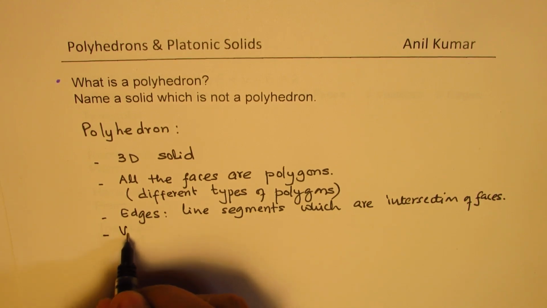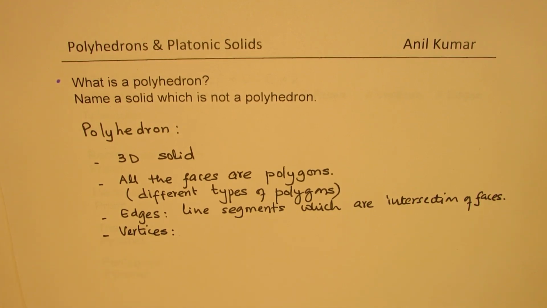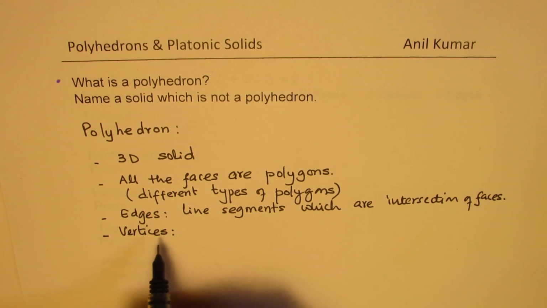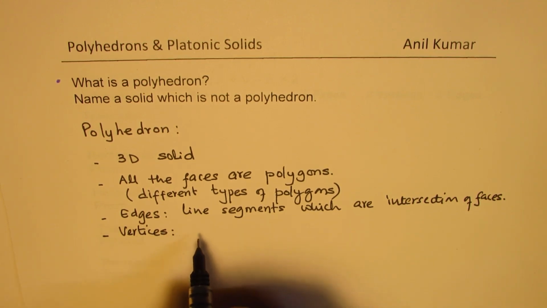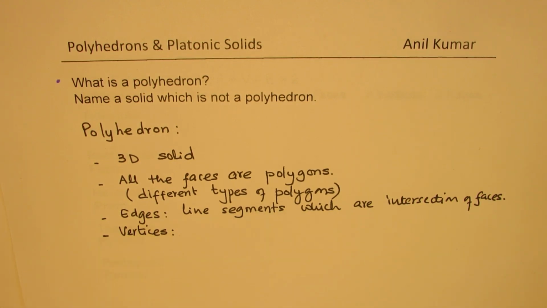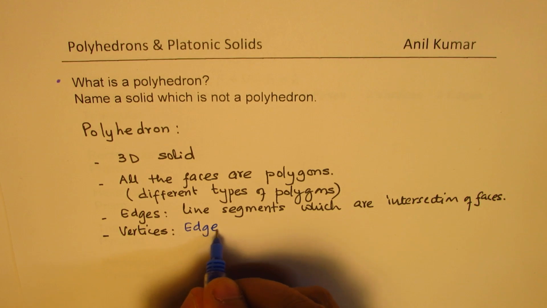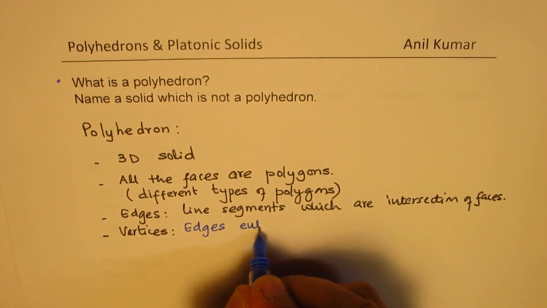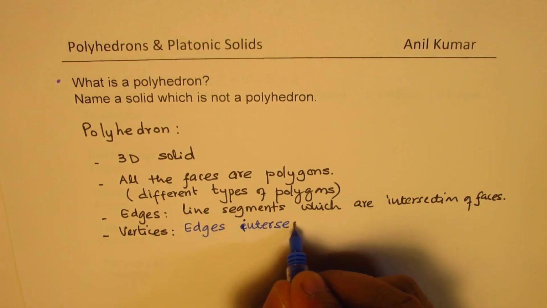So we have vertices also. The vertices are the points where the faces intersect, or you can say that the edges intersect, right? So we can call vertices where the edges intersect.